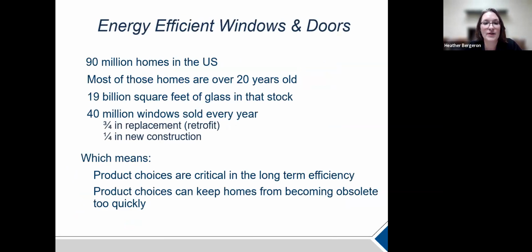About 40 million windows are sold every year, 3/4 of that being in replacement or retrofit applications, and about 1/4 being in new construction. What this means is product choices are critical in long-term efficiency and performance. The products that we choose can keep homes from becoming obsolete too quickly.